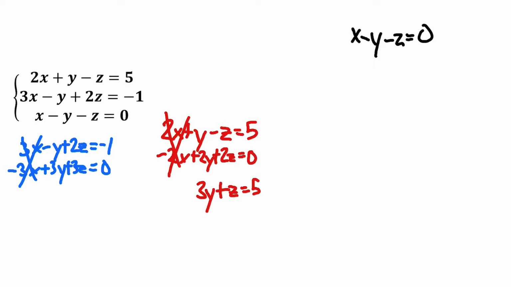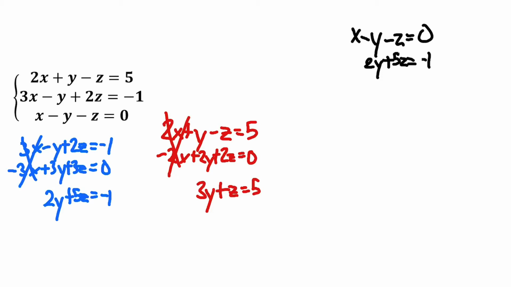Negative y plus 3y is 2y, and then 2z plus 3z becomes plus 5z equals, in this case, negative 1. All right. So as you can see, neither of these two equations are going to actually give me a leading coefficient of 0. So I'm actually going to end up placing 2y plus 5z equals negative 1. But we really could have placed either of those equations at that point.